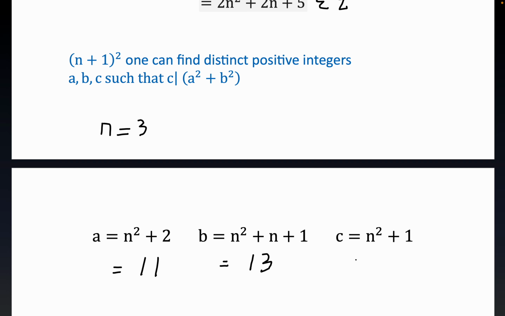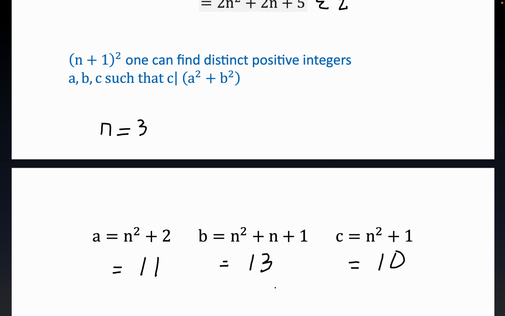And then this is equal to, if you put 3 right there, 9 plus 1 is 10. Let me double check. No, 3 squared plus 2 is 9 plus 2 is 11. Now right here, 9 plus 3 plus 1.